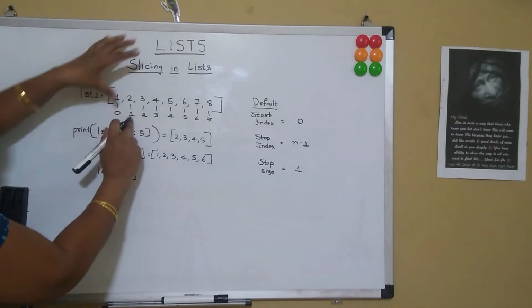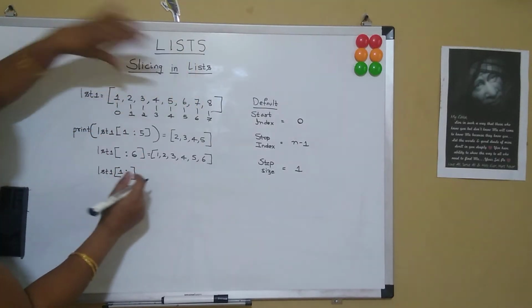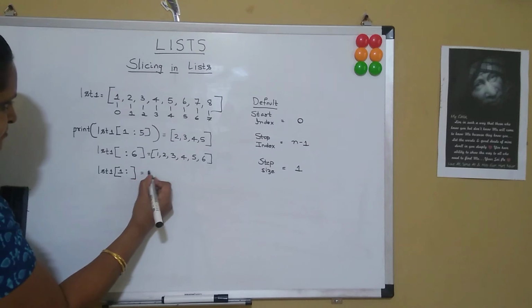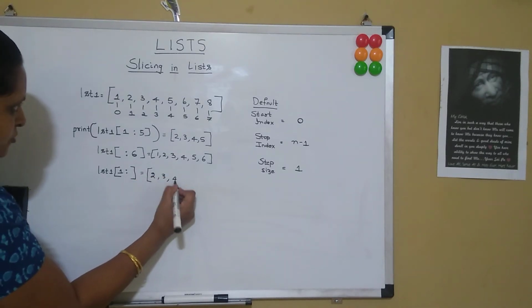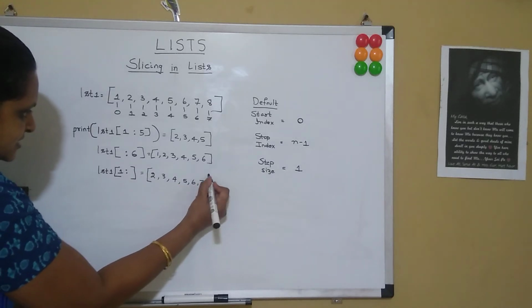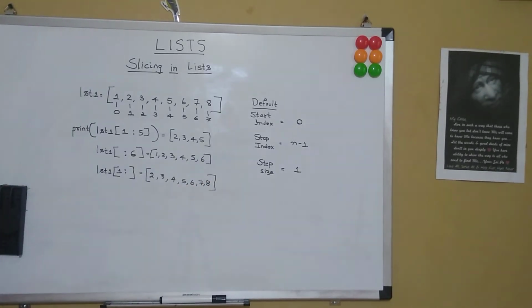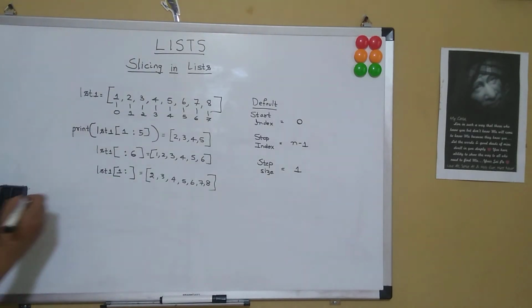So, from the first position, it will cover the end of the list. So, it will take 2, 3, 4, 5, 6, 7 and 8.